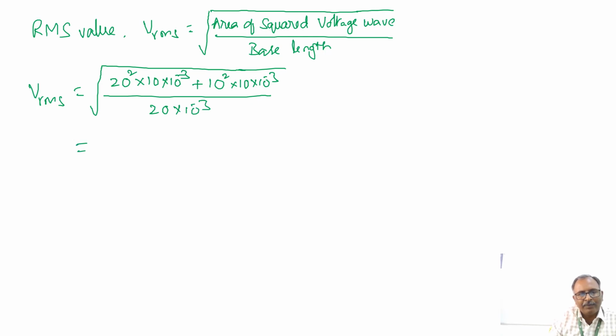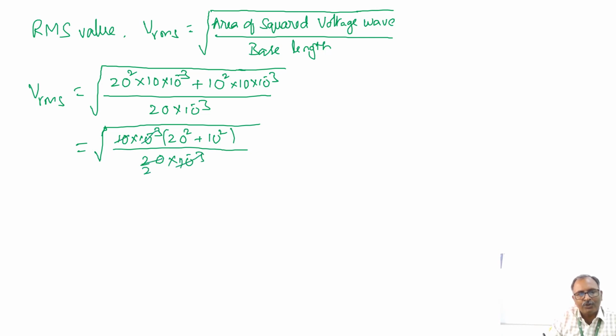If we take 10 milliseconds as common in the numerator, then we get 10 into 10 power minus 3 into 20 squared plus 10 squared, divided by 20 into 10 power minus 3. The 10 power minus 3 terms get cancelled, and 10 by 20 is one by two. So we get the square root of 20 squared is 400 plus 10 squared is 100, by 2.